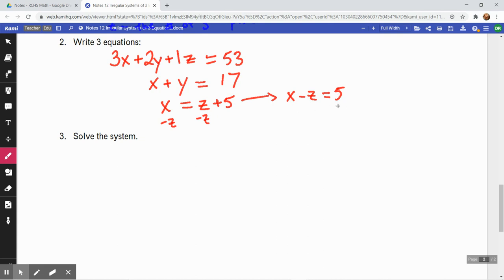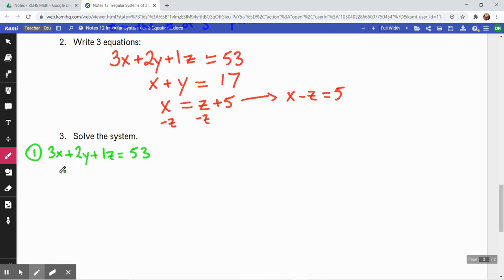Let's keep this one the same. It already has 2 letters, but let's make another equation that has these same letters, X and Z. So here's what I'll do. I'm going to take our first and second equation up here. And in this first step, I'll write those equations down. 3x plus 2y plus z, or 1z, equals 53.